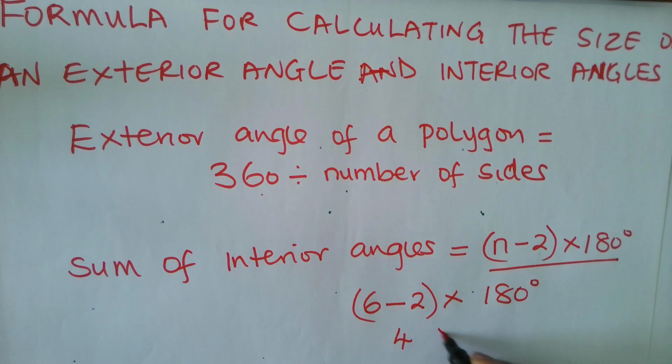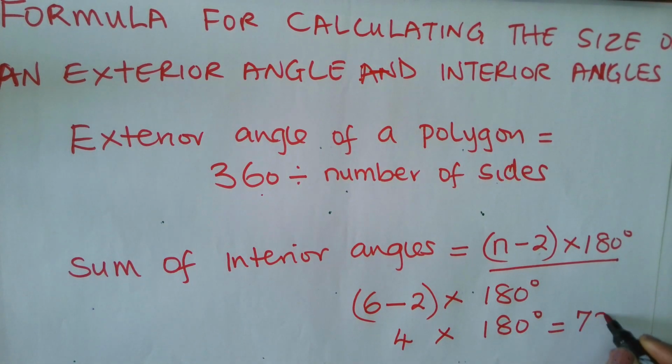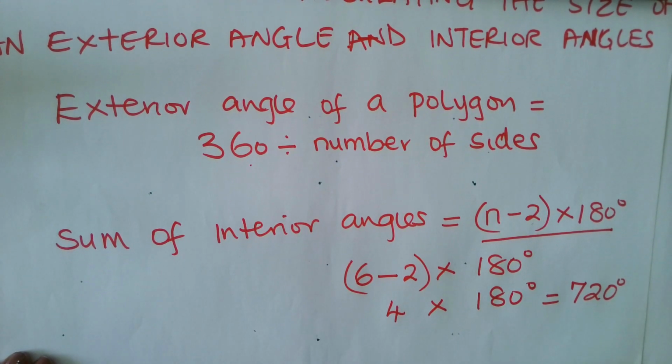So we've got 4 times 180 degrees. That will give us 720 degrees. Now to find the size of one interior angle, we're going to do 720 divided by 6, which will give us 120 degrees.